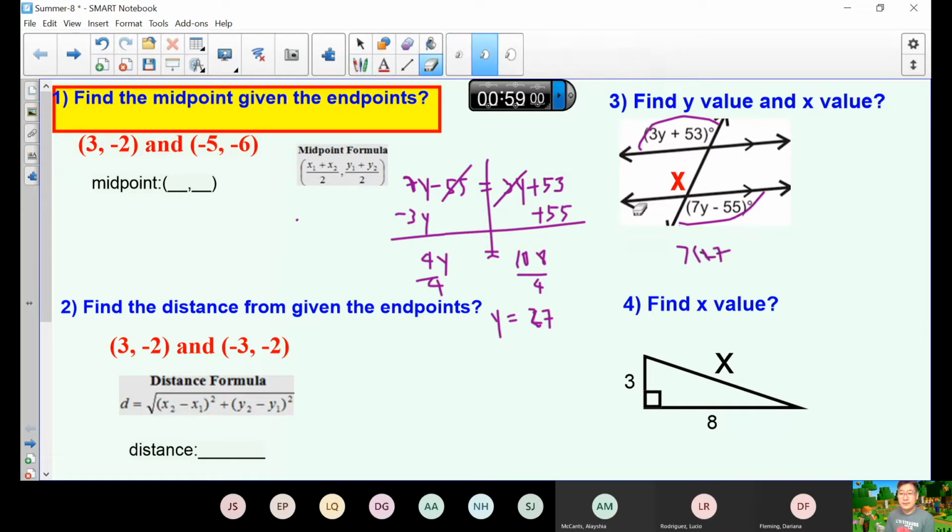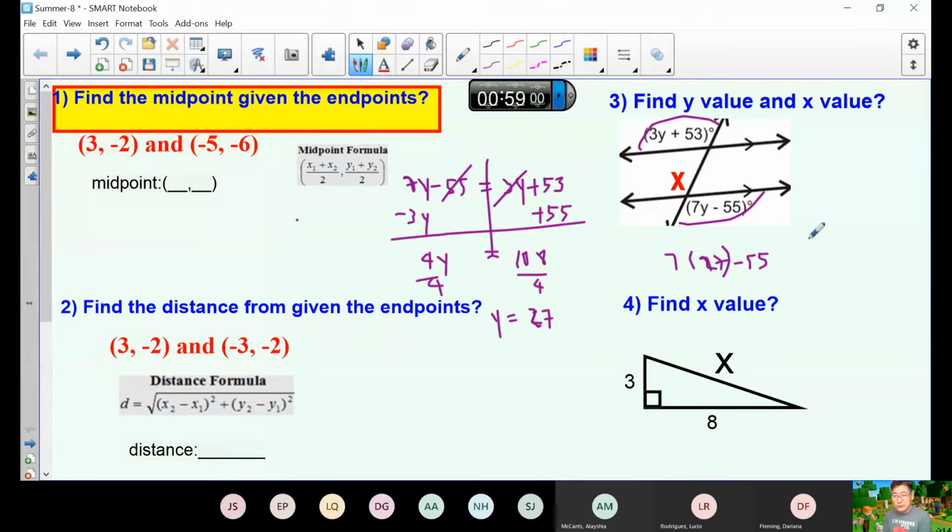My writing is terrible. 27. 7 times 27. Right. 27 minus 55. Oh no, my bad. It should be this and this, right? 7 times 27 minus 55.